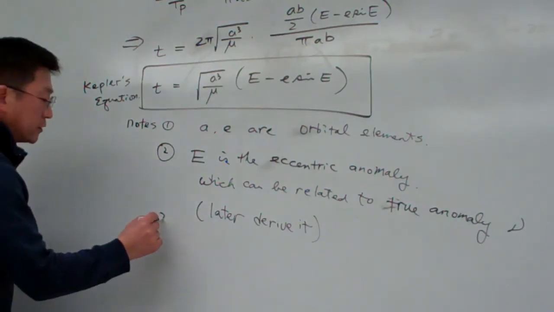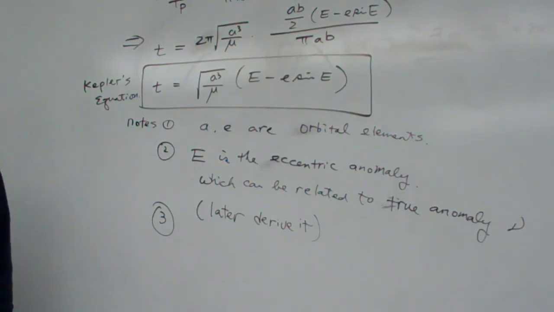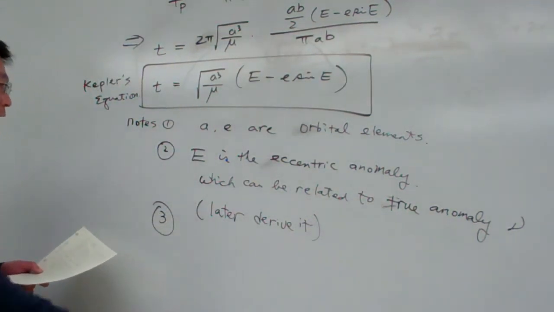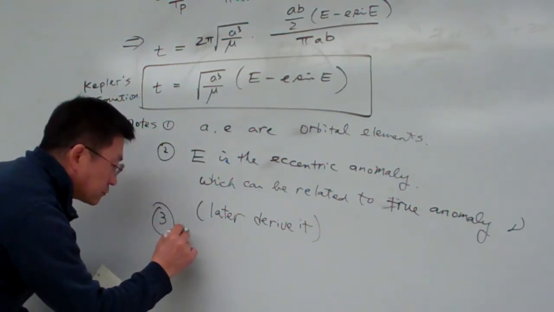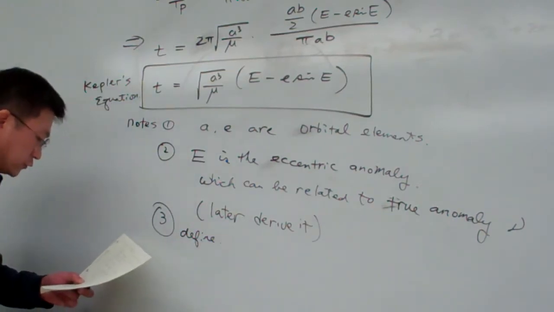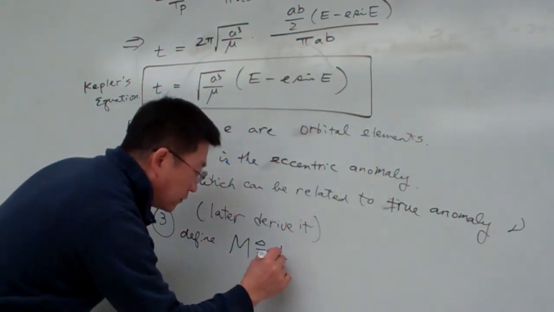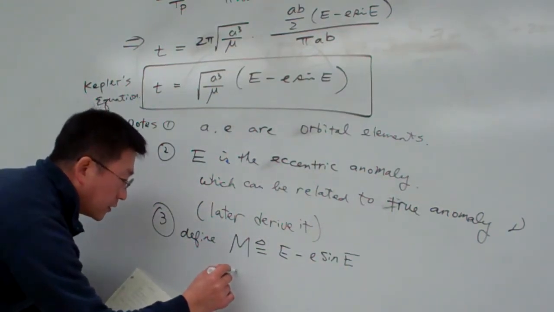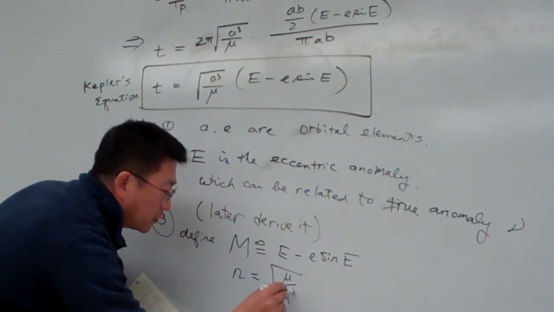Okay. The third one, I'm going to introduce to you common notations. This notation is not that useful, but it's just to complete your readings. Sometimes we rewrite these equations by defining two terms. One is called M, defined as E minus e sine E, and we define n equal to the square root of mu over a cubed.